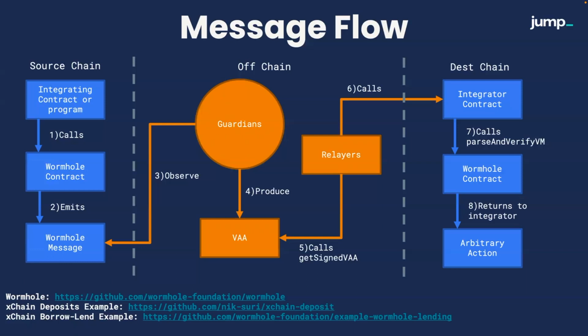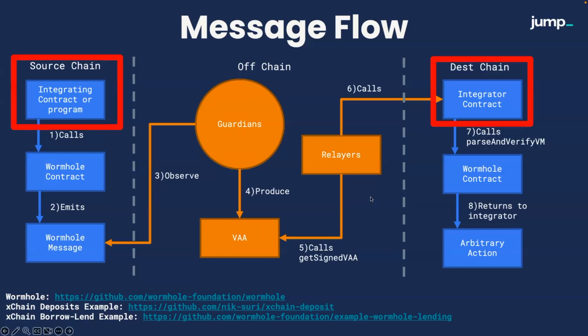And how do you, as the developer, plug into this entire thing? Two things. First, you write the program that calls the Wormhole contract on the source chain. Again, it can be a contract you write if you want to compose on top of the Wormhole contract, or it can just be some simple JavaScript that calls into this Wormhole core bridge contract.